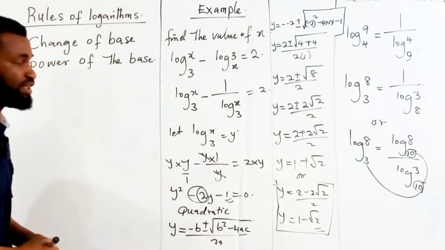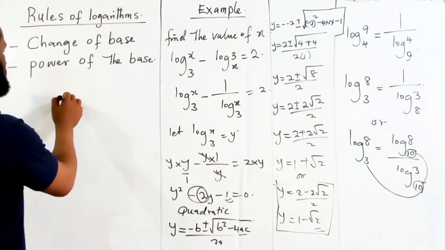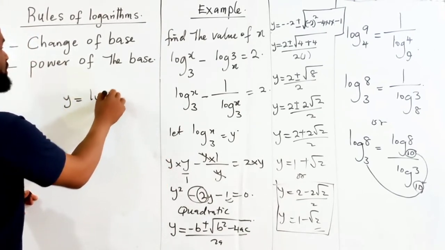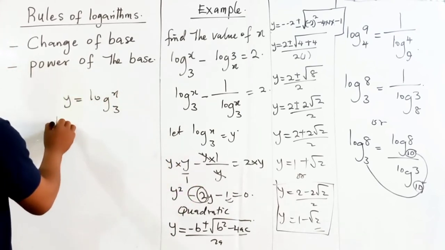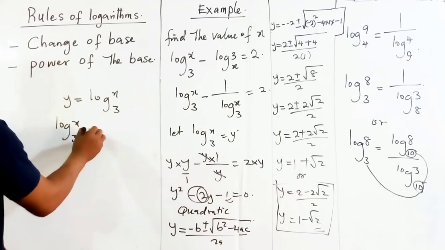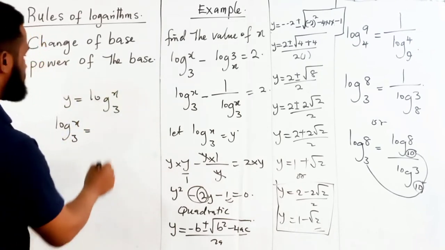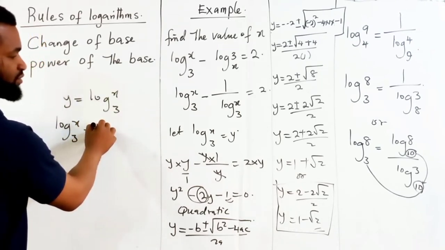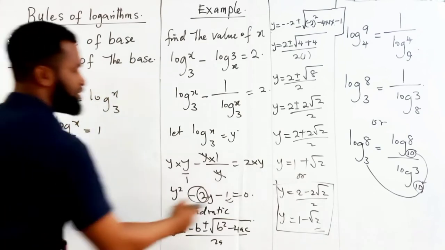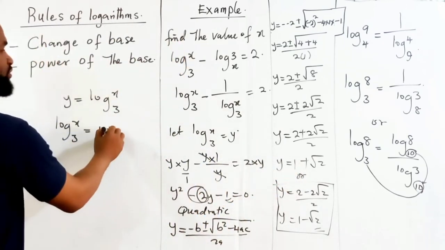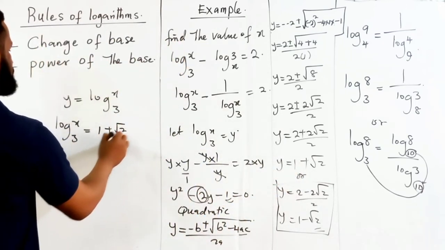So what I'm going to do is first, since y is given as log x base 3, I'm going to say that log x base 3 is equal to one of the expressions, the first expression, 1 plus root 2.